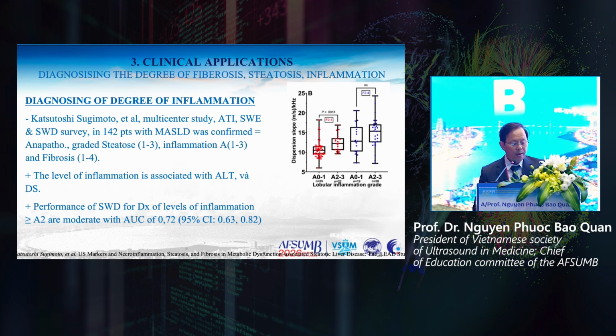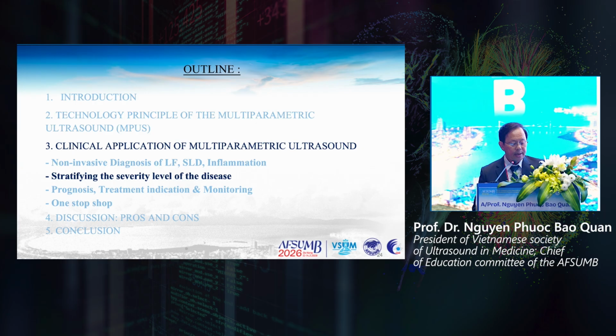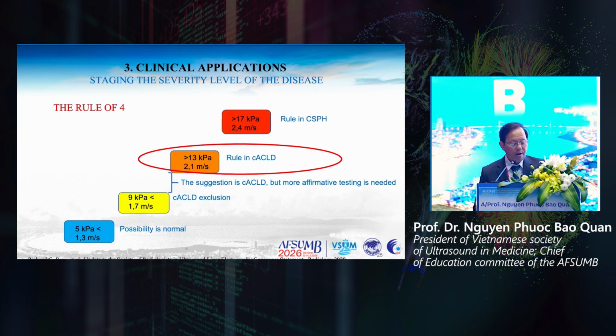Now we move to the application of certifying the severity level of the disease according to the Rule of 4, according to the guideline of the Society of Radiologists in Ultrasound. We are based on the elastography velocity of the liver.